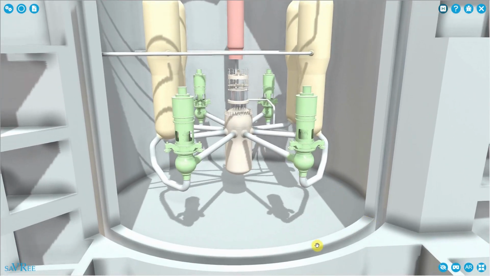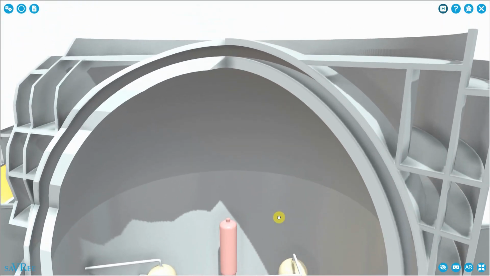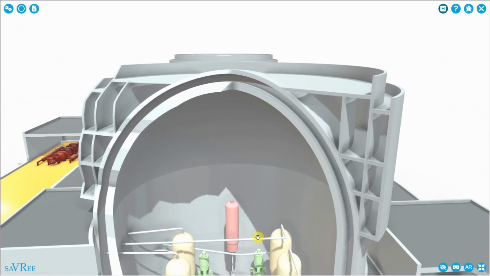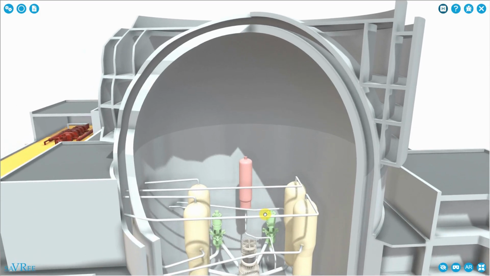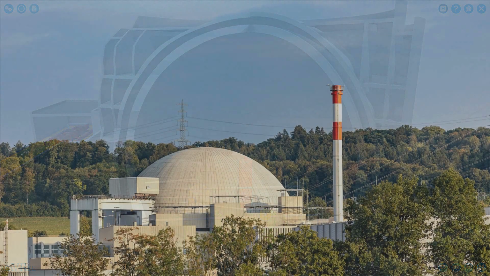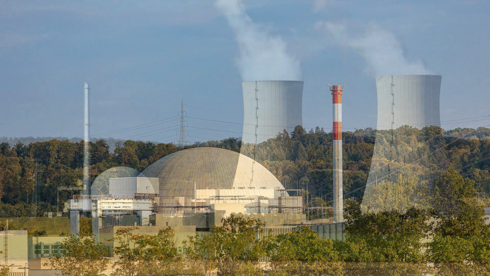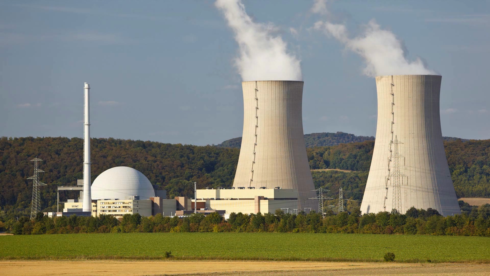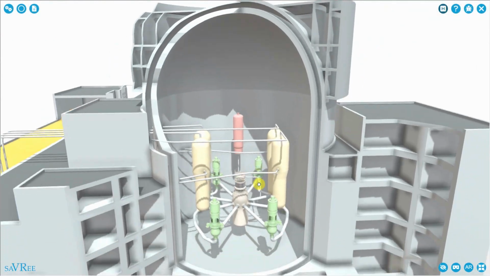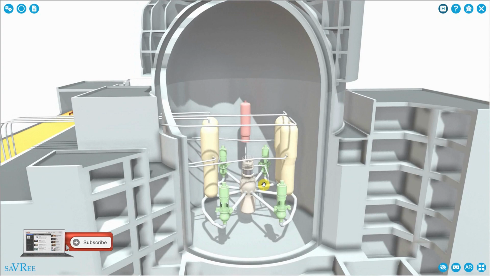You can see the border where my mouse is going along now, and all the way up here. The containment building is constructed of steel reinforced concrete. It's going to be about 1 to 1.5 meters thick, let's say 3 to 5 feet thick, and it is gas tight. So any leakage within the containment building is going to be contained within the containment building.